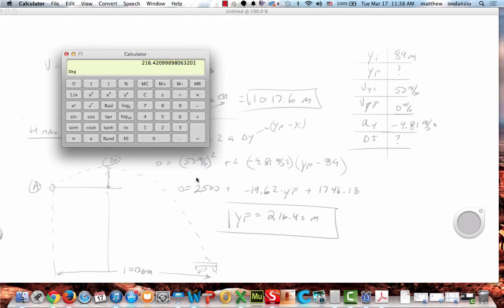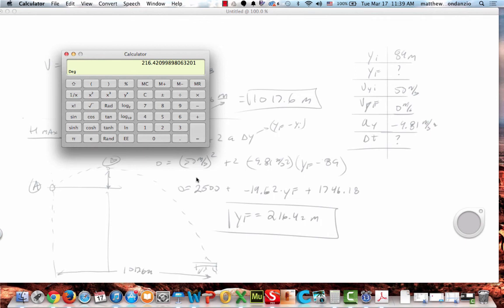Okay, 216. The reason it goes so high is we have 50 meters a second going up. Where does the 1746.18 come from? I'm taking the 2 times 9.81, which is 19.62, and multiplying times YF and times 89. I'm taking 2 times this times 89, and because the 89 and the 9.81 are both negative, I get a positive, right?